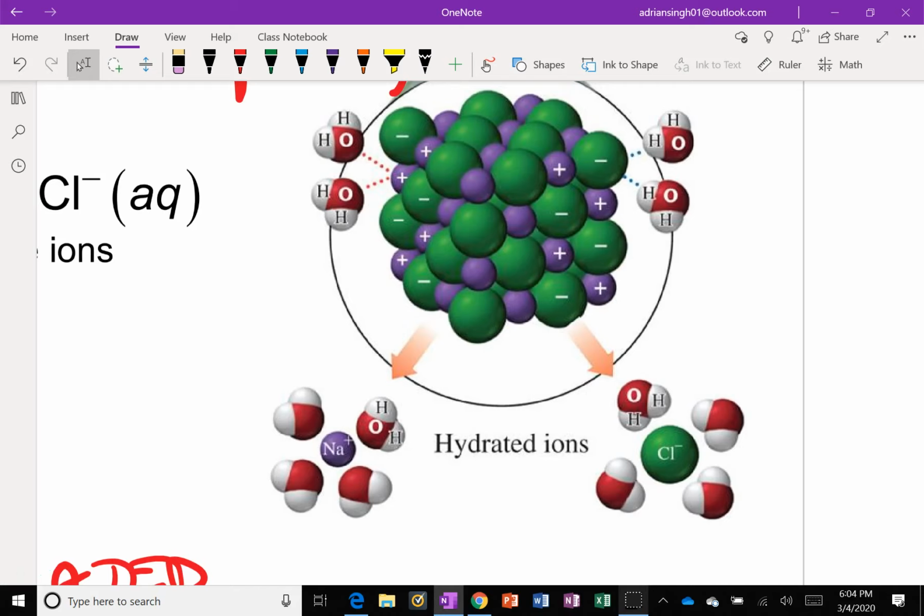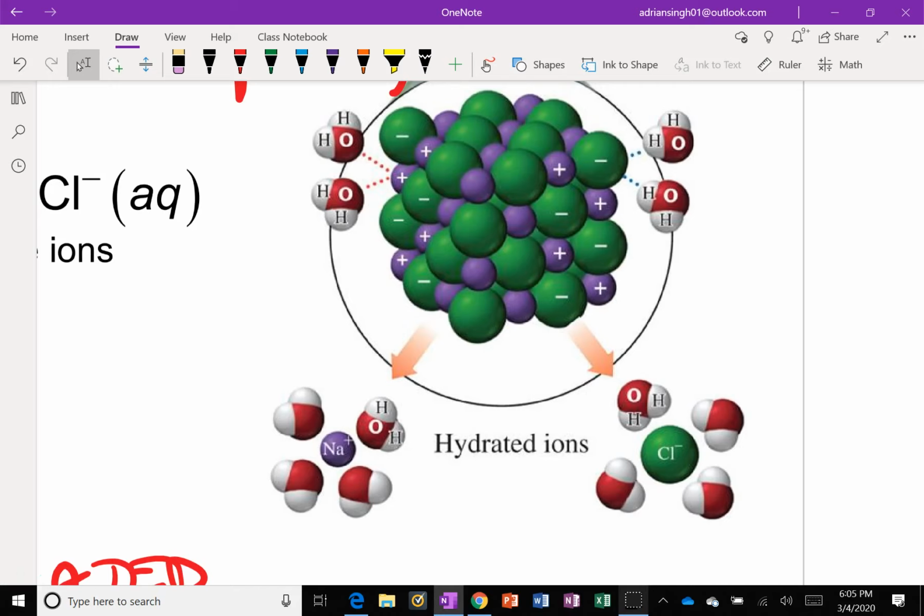Does the orientation of those water molecules around the sodium make sense? Why are the red oxygens close to the sodium rather than the negative charge? Remember, the oxygen is slightly negative because of its high electronegativity. So it would make sense that the negative part of the water is close to the positive ion.